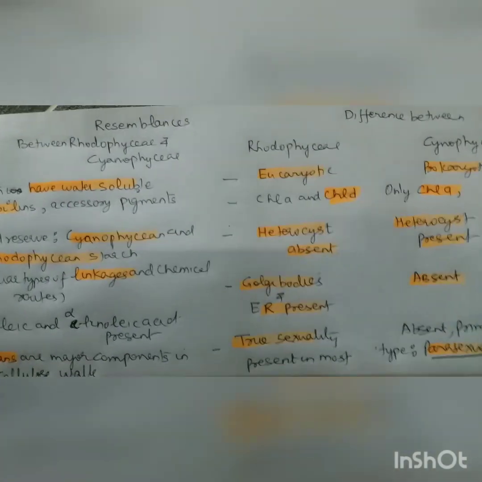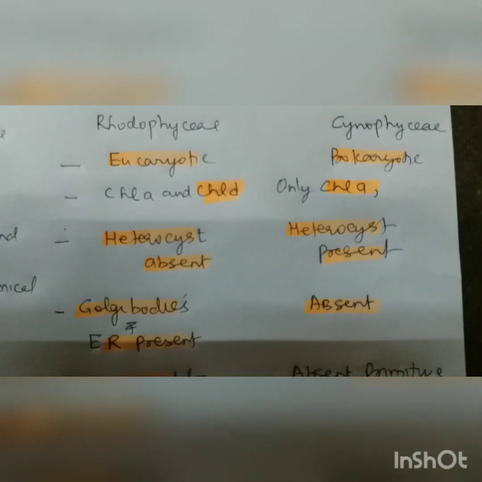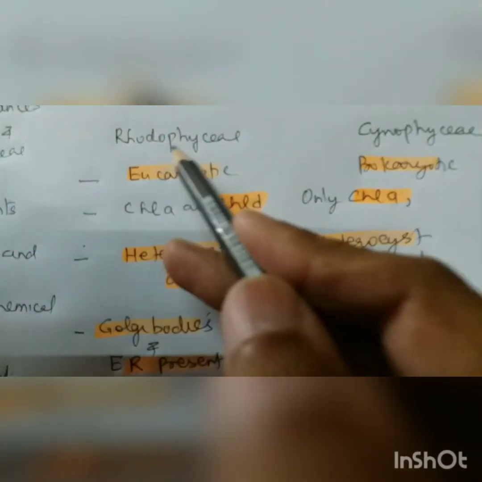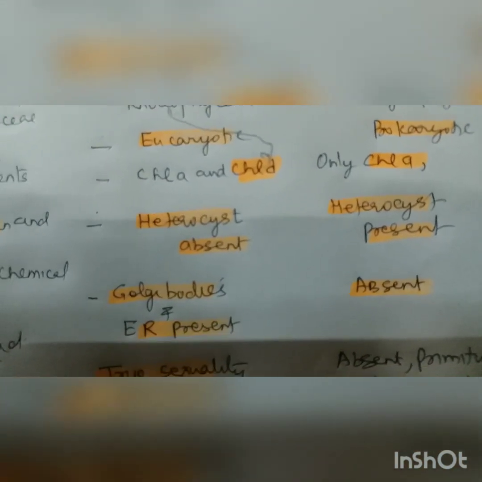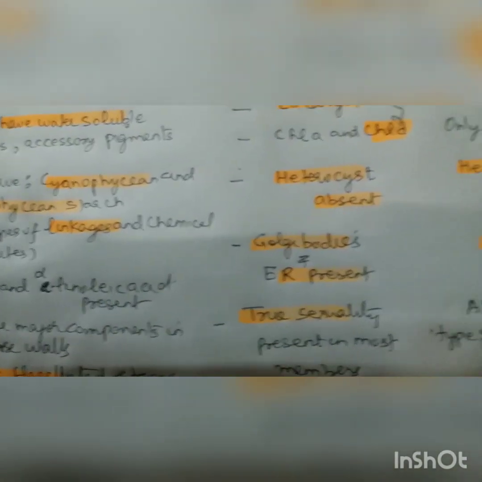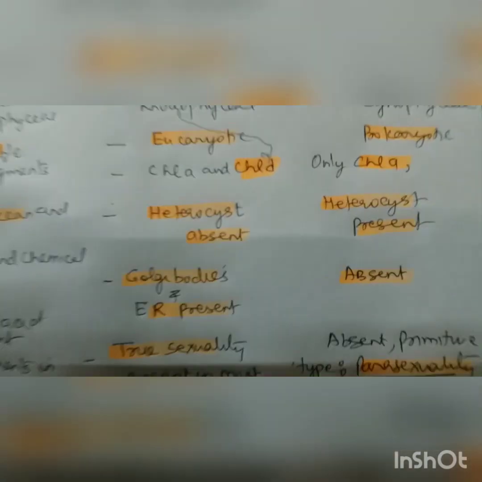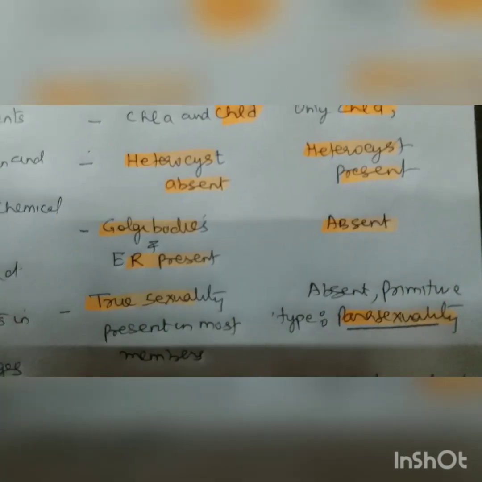So now I am coming to the last part, that is the difference between Rhodophyceae and Cyanophyceae. First, as I already told, Rhodophyceae is eukaryote, Cyanophyceae is prokaryote. In Rhodophyceae, chlorophyll d is there, whereas chlorophyll a is present in both. Heterocyst is absent in Rhodophyceae, but present in Cyanophyceae, because we have seen it in Oscillatoria and Nostoc.